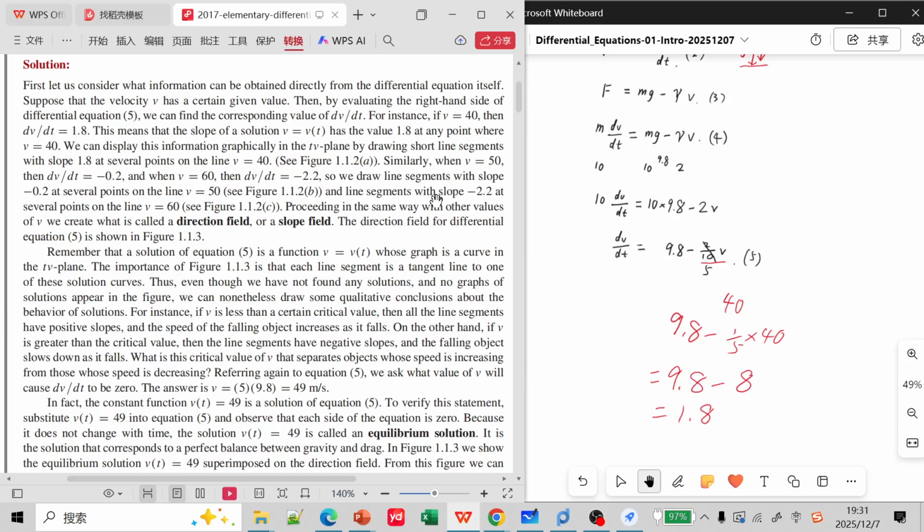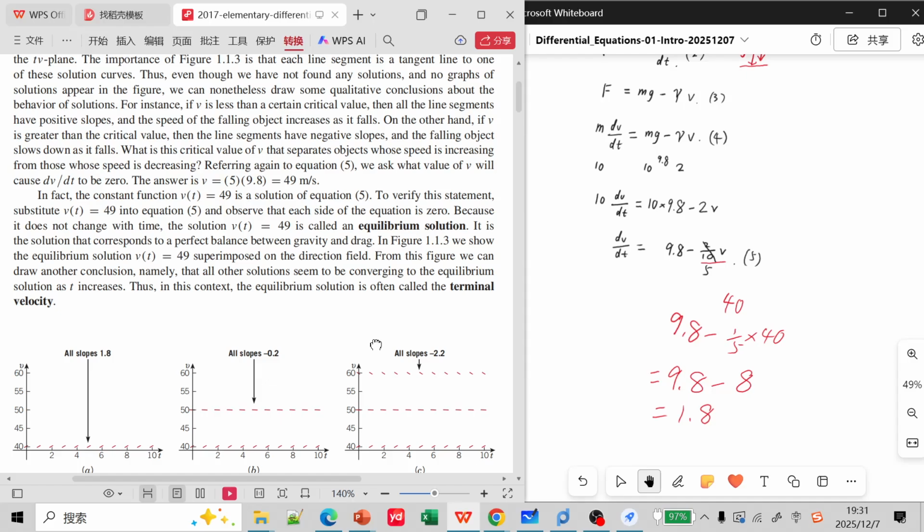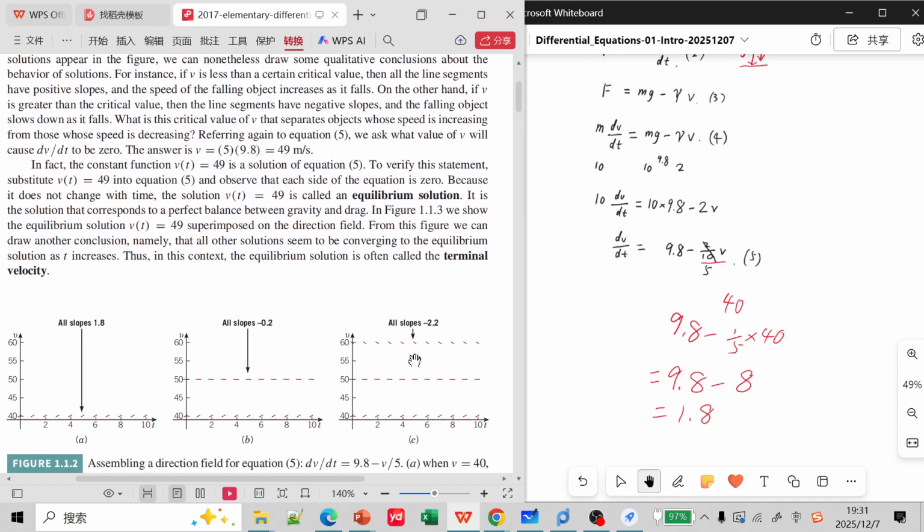And line segments with slope minus 2.2 at several points on the line v equal to 60. Look at this figure: at v equal to 60, we draw the segments of which the slopes are minus 2.2.